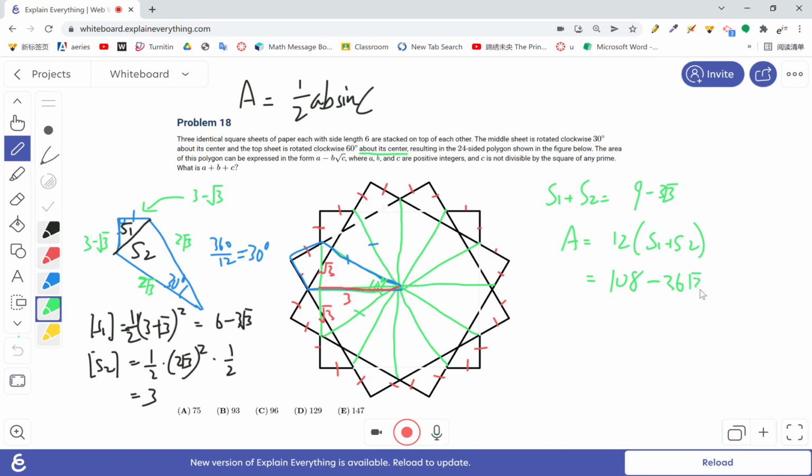And that is basically our area, but we want to find A plus B plus C, so we have 108 plus 36, and don't forget the 3 at the end. This gives us 147, and this is our answer choice, E.